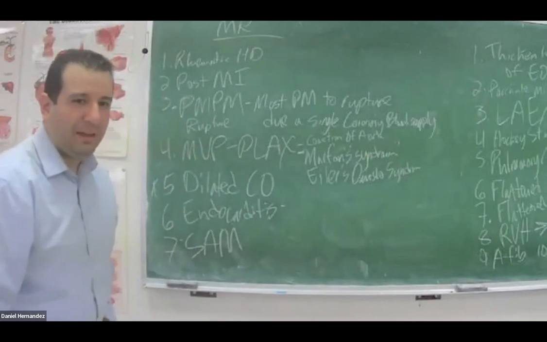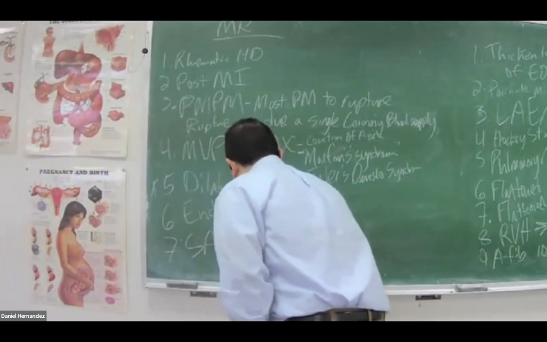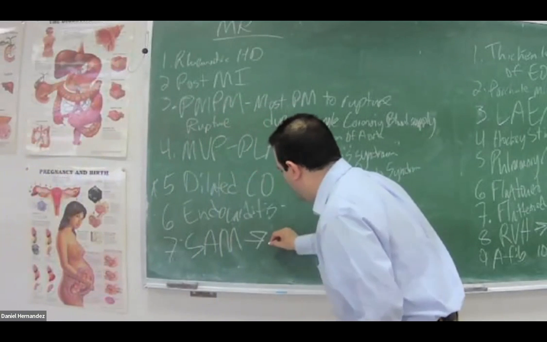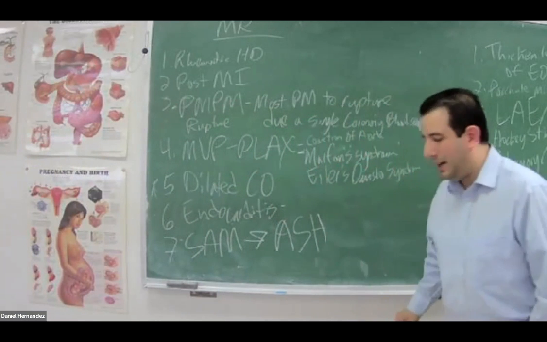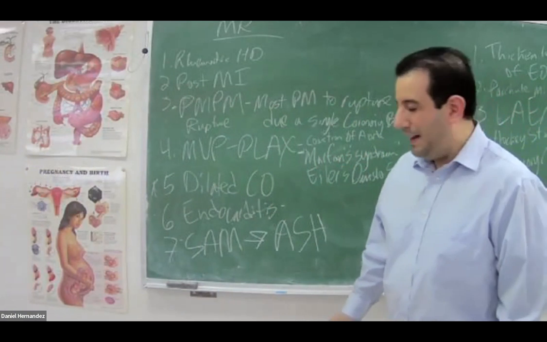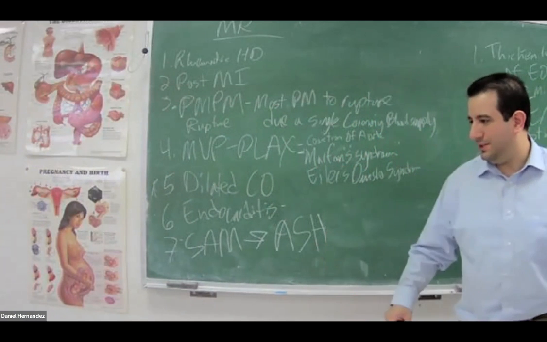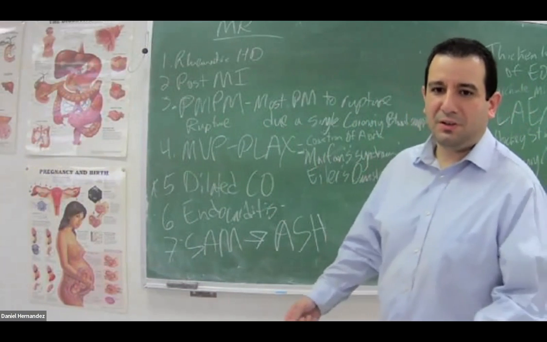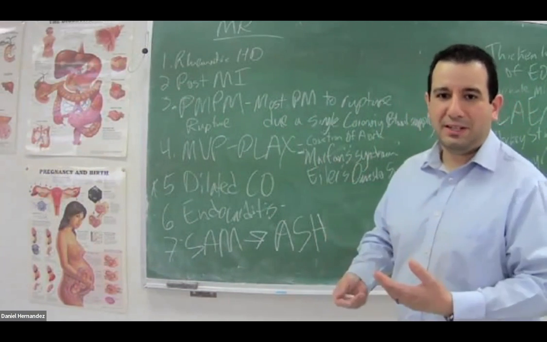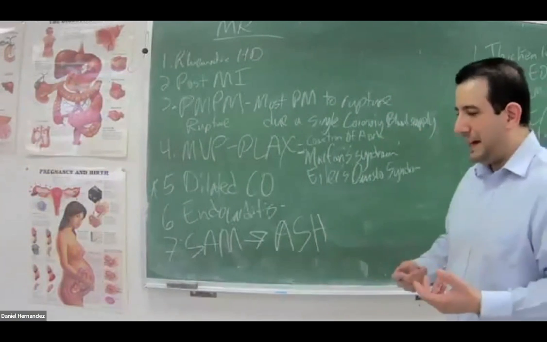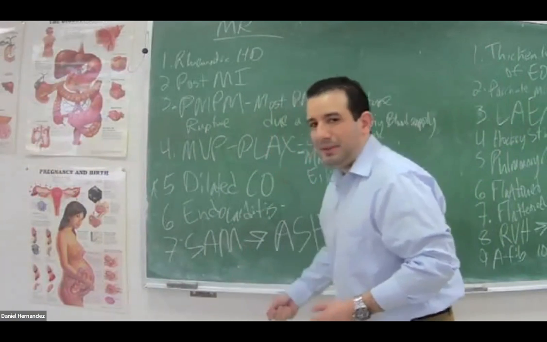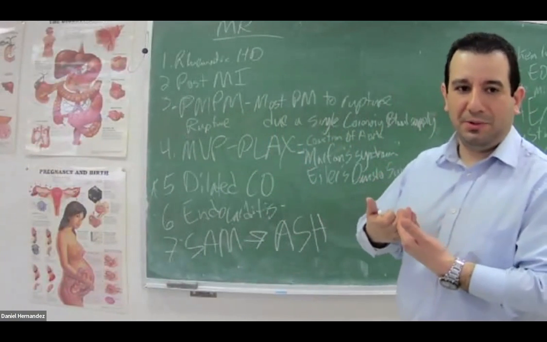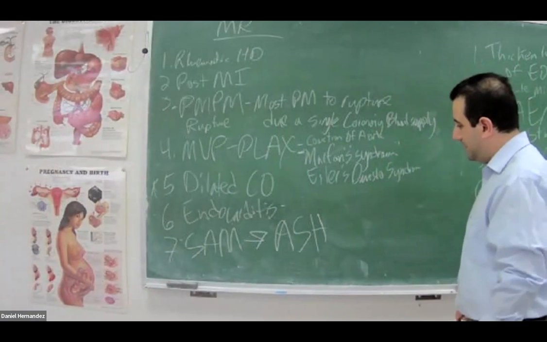SAM is systolic anterior motion of the mitral valve leaflet, as a result of ASH, asymmetric septal hypertrophy. That causes LVOT obstruction, or elevated velocities in the LVOT. That change in velocities is enough pressure to actually suck up the anterior mitral valve leaflet when it's supposed to be closed, and that leads to mitral regurg.